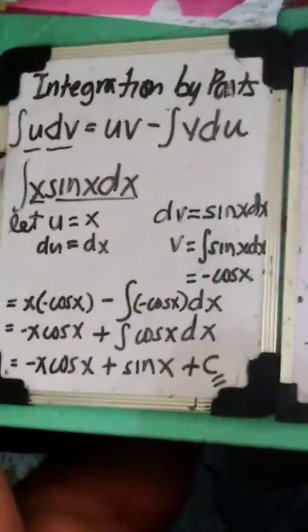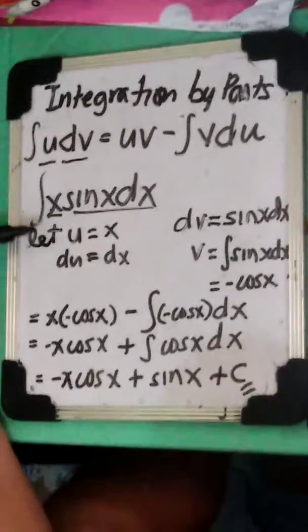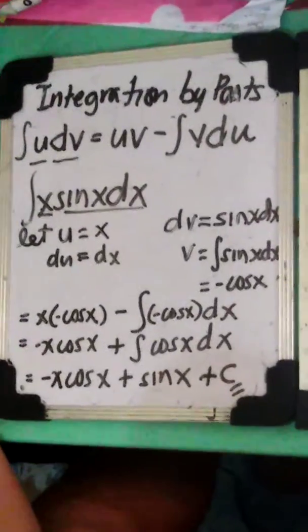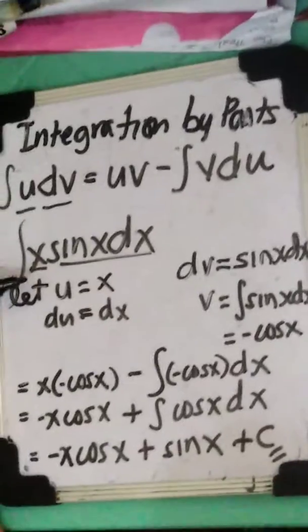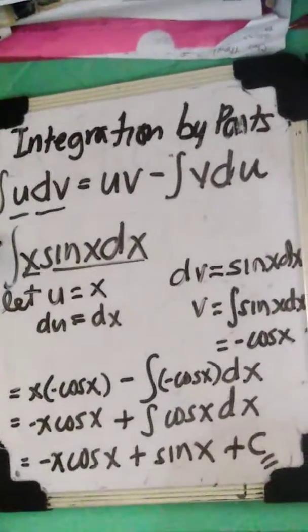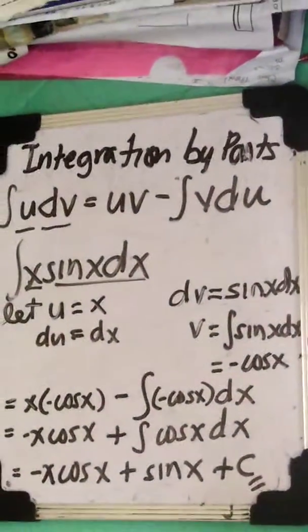Let's say we have a different set of u and dv. Again, the choice of u and dv is by trial and error. So our first set in our first solution is u is x, dv is sine x dx.